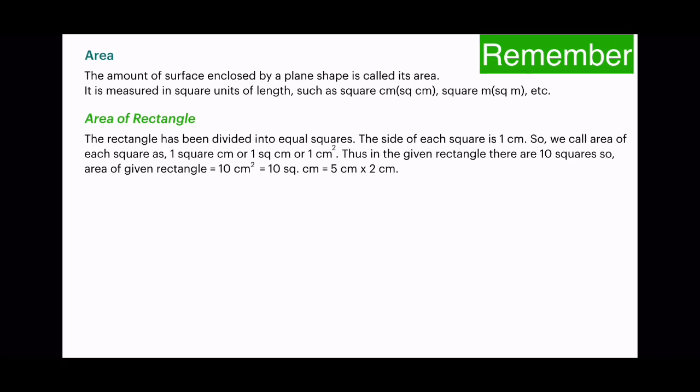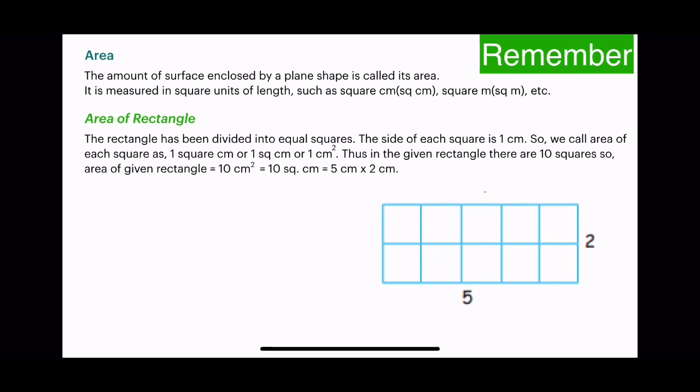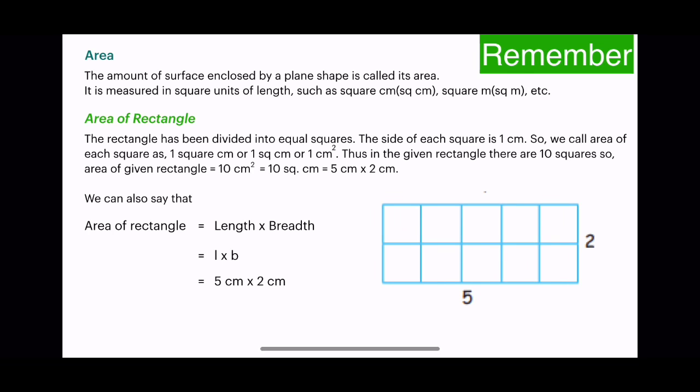Thus, in the given rectangle there are 10 squares. So the area of the given rectangle is 10 centimeters squared or 10 square centimeters, which is got from 5 into 2 centimeters, which is 10 centimeters squared. We can also say that area of the rectangle is length into breadth, which is L into B, which is 5 centimeters into 2 centimeters, and so it is 10 centimeters squared.